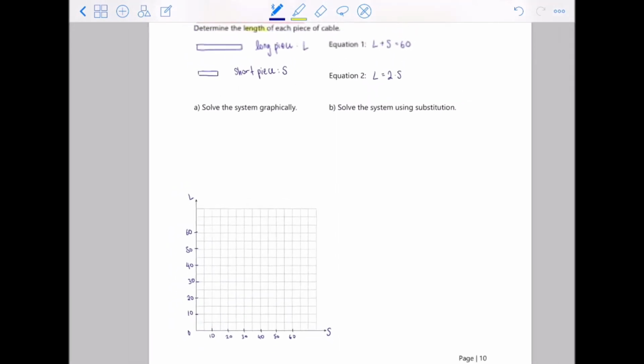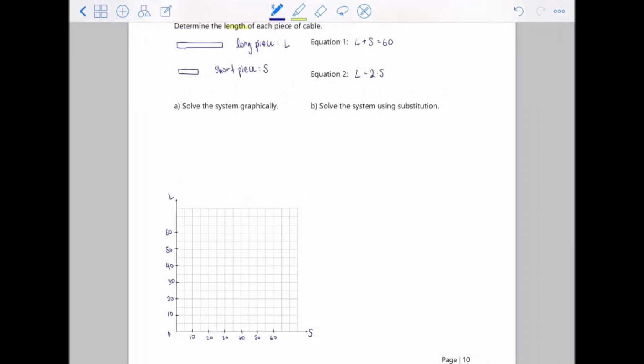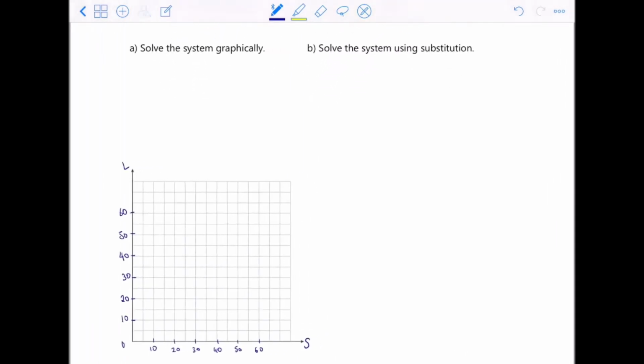So from the two equations we had before, L plus S equals 60. You might not see exactly how to graph this right away, so I would strongly suggest using a table of values. So let's create two tables of values. Because we set up our grid with S as the independent variable, we're going to put S to L. The independent variable comes in the left column, and the dependent variable comes in the right column.